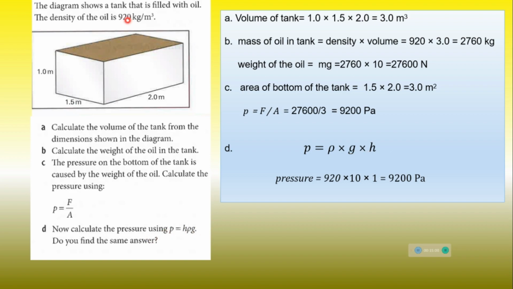So rho is the given density 920, g we will take 10 and h is 1 meter, the height is 1 meter. So pressure is 9200 Pascal. Do you find the same answer? Yes, definitely both answers are the same when you calculate using the formula rho gh and when you derive it.